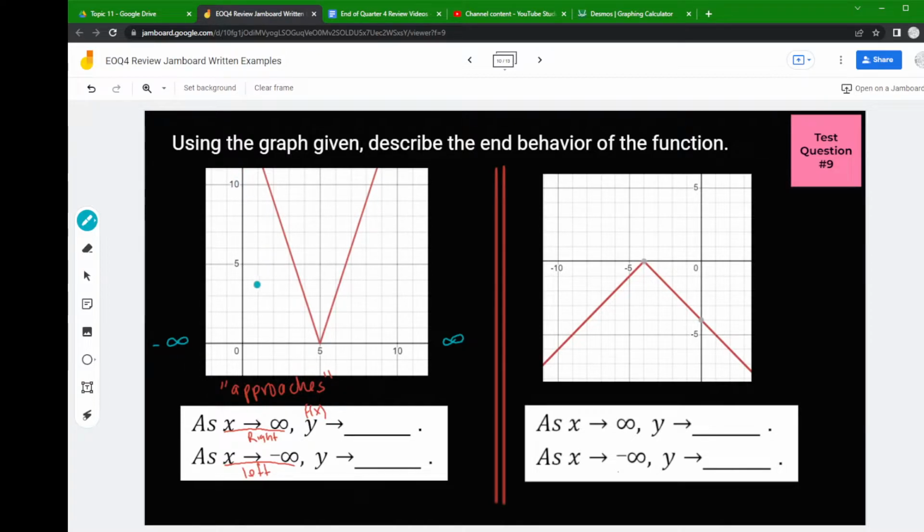On the y-axis, going down forever goes down to negative infinity, and going up forever talks about going to positive infinity. If I could write that, there we go. So I'm using those to help me describe the direction of travel as I move from the center of the graph out. All right?